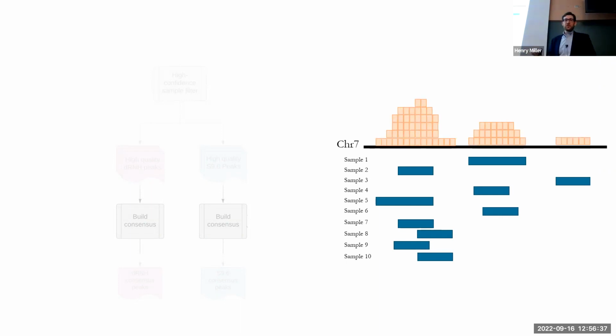Now, these mountains have different heights. We can see the first one is 6 peaks, the second is 3 peaks, and the last one is just 1 peak tall. We wanted to make sure that when we called peaks on these mountains, they really were robust and really represented true R loop biology. To help us do that, I set a quality cutoff of 15%.